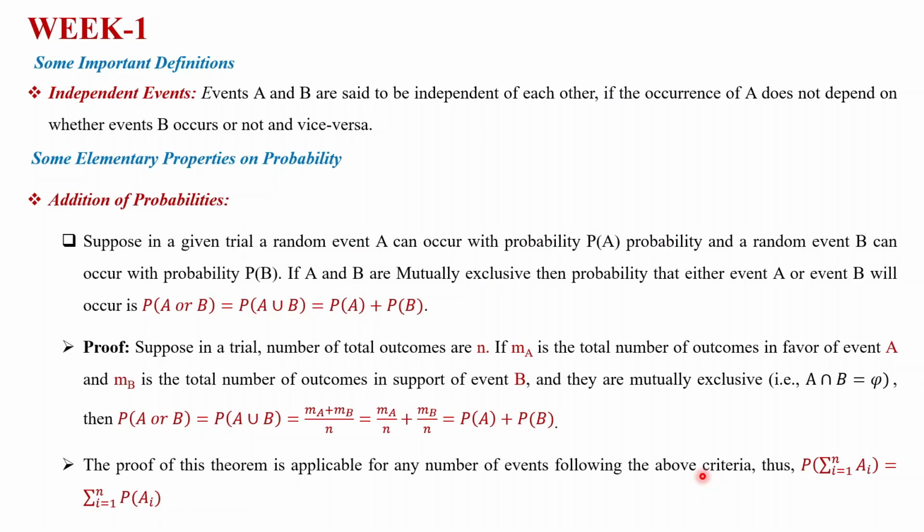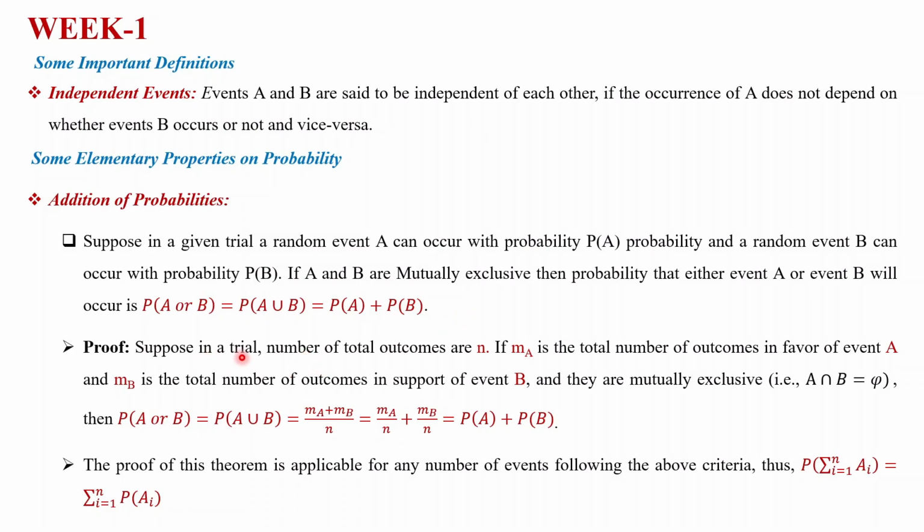From set formula, I think you all know that we have read that P(A union B) equals P(A) plus P(B) minus P(A intersection B). So why is it not coming here? Because it is explicitly stated that A and B are mutually exclusive. If A and B are mutually exclusive, there are no common outcomes, so P(A intersection B) should be equal to 0. That's why it is not coming.